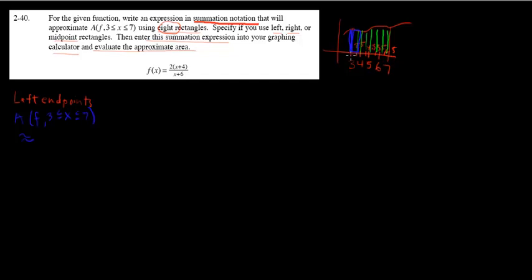The base is from 3 to 3.5, so it's 1/2. Then in summation notation, the 1/2 can go in front or in back. But if you remember from earlier problems, we want to go from i equals 0 to 7 because we have 8 rectangles.